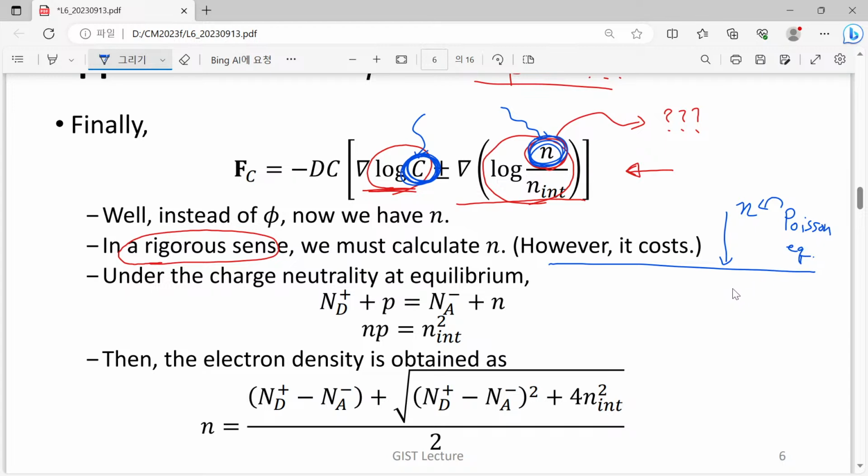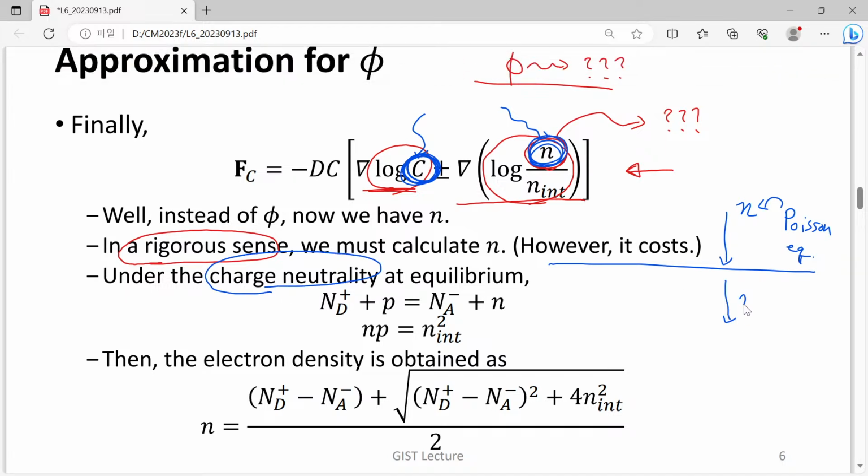However, in order to make things simple, we have introduced the charge neutrality. Then the calculated electron density is not the real solution, so we must care about this one.